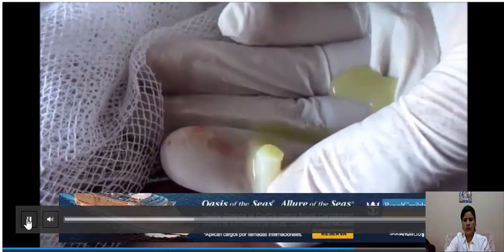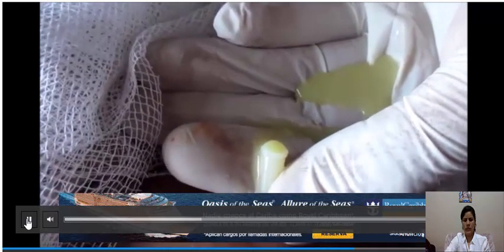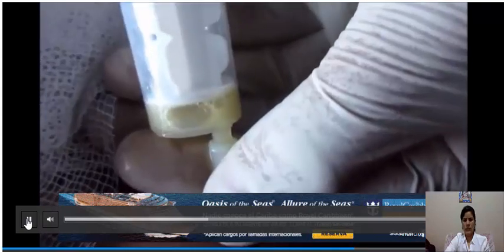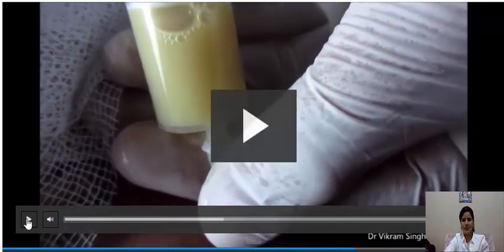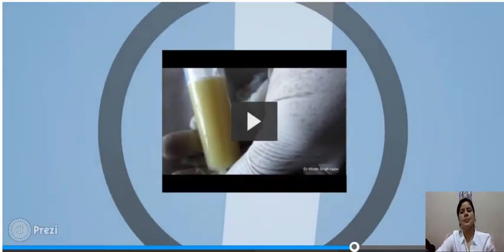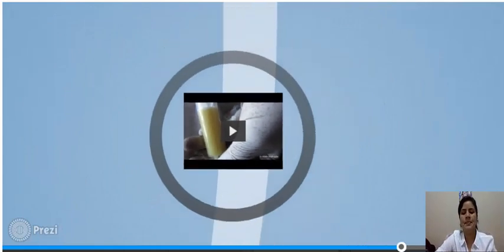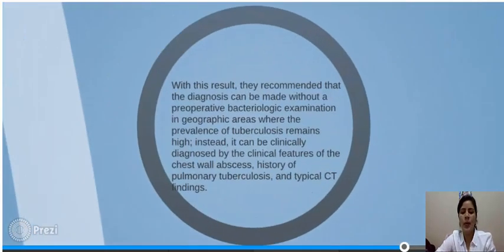You can make the diagnosis under ultrasonography as well as CT scan, and MRI is also advantageous. With the result, it is recommended that the diagnosis can be made without a preoperative bacteriologic examination in geographic areas where the prevalence of tuberculosis remains high.